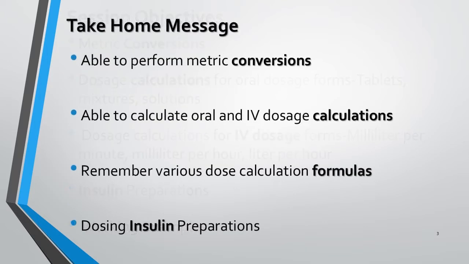At the end of the session, the viewers should be able to execute metric conversion, estimate both oral and IV dose calculation as required, and recall the formulas for calculation of various doses of drugs and insulin preparation.